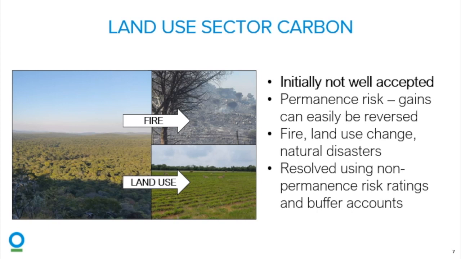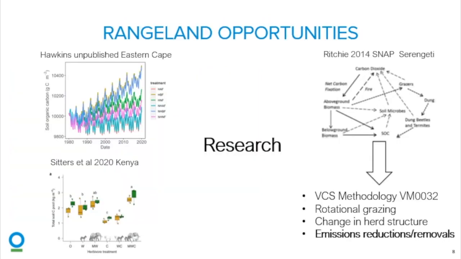This risk has largely been resolved by assessing all land use sector projects for their non-permanence risk, and a percentage of credits then has to be placed into a buffer account depending on the specific risk of the project.